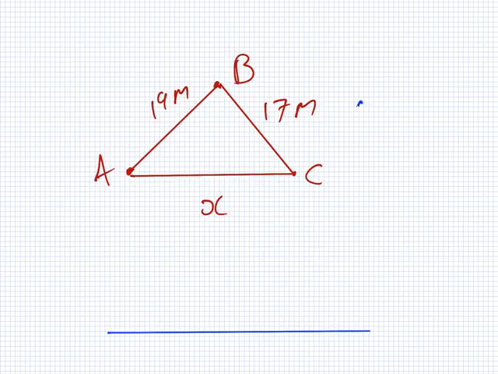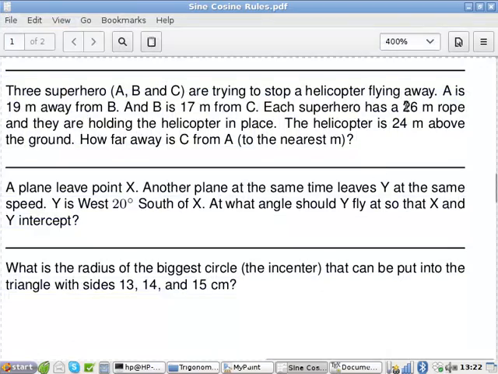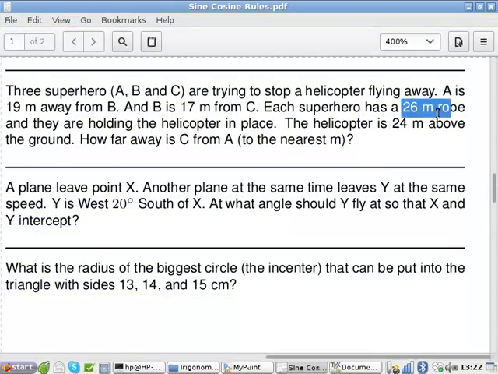Well, I suppose if they're all lined up like this, A, B, C, and they each have the same length rope, it's hard to imagine them keeping a helicopter. The people at the end would need a longer rope to hold on to it. So they must be around it so that they all have a chance of holding on to it. I think what answers your question is the fact that they each have the same length of rope. Yeah.